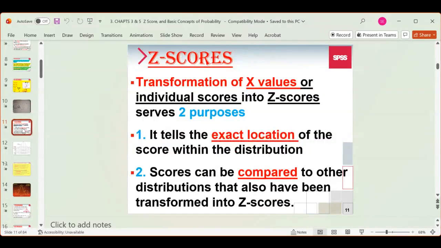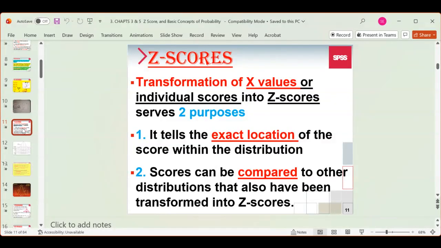So Z-score transforms your standardized score to a Z-score. We do that for two purposes. First, it tells us the exact location of the score within the distribution.